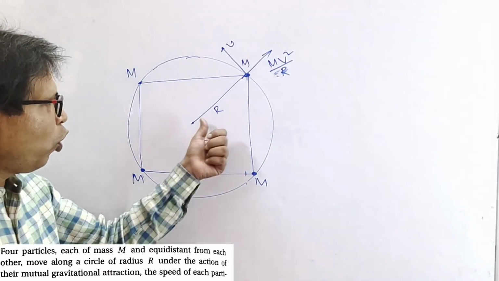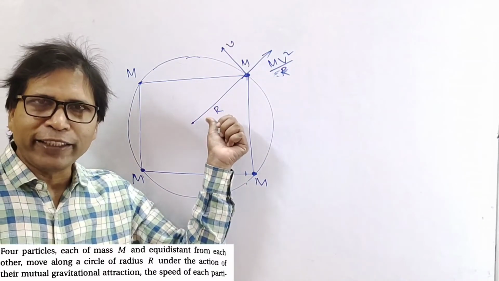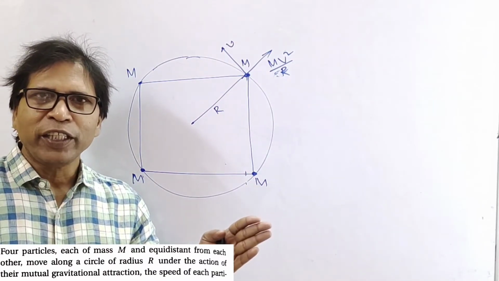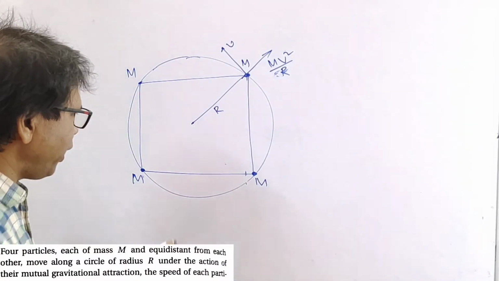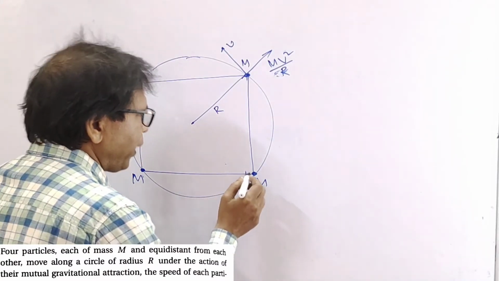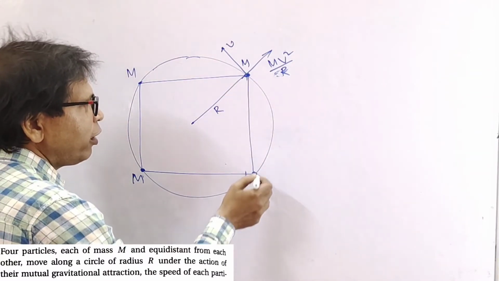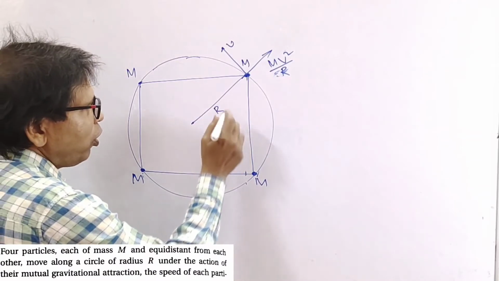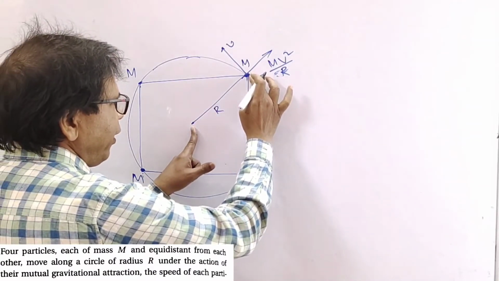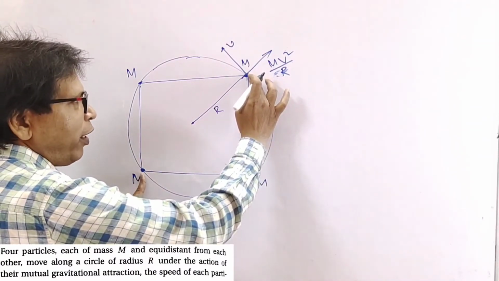Okay, now the centripetal force is provided by the gravitational force of attraction between this and this, between this and this, and between this and this. Now look at this, this is the radius R, so this is the diameter 2R.